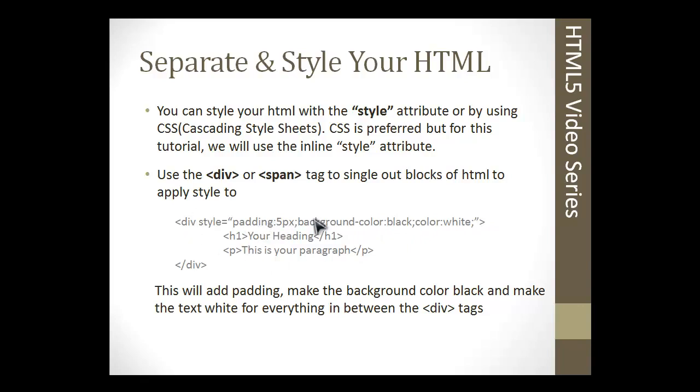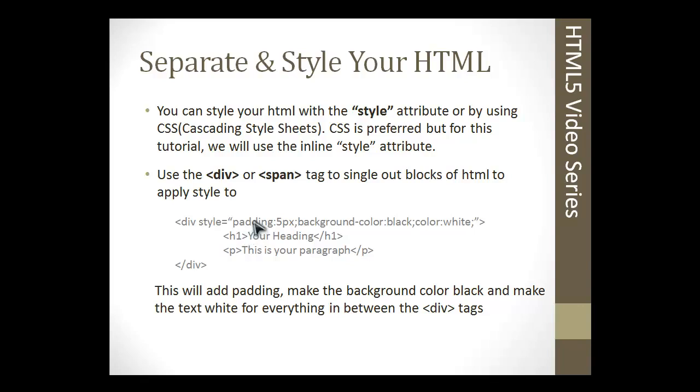First of all, what we have here is an H1 heading and a paragraph. Very simple. And it's wrapped in the div tag with padding of 5 pixels, a background color of black, and color of white. So what this means is this block right here is going to have a padding of 5 pixels.